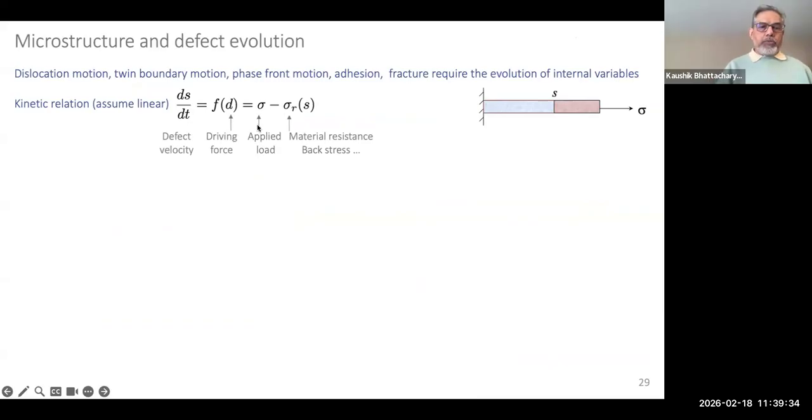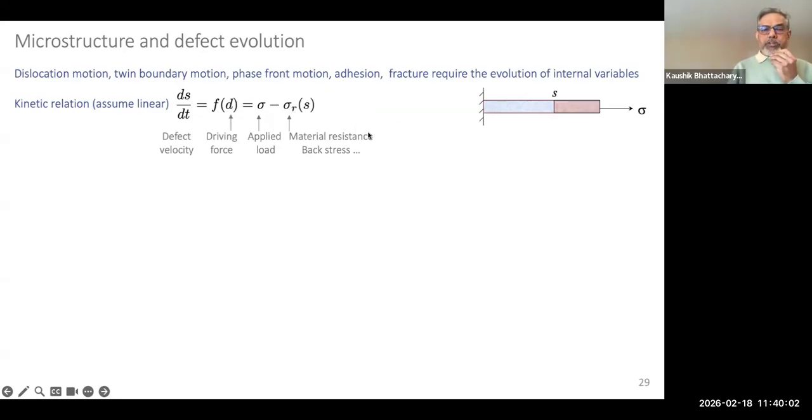And a typical model we would write for this is the following. ds dt is some driving force. And what is a driving force? There's some kind of applied load, and there's some material resistance. You might call it back stress, you might call it whatever, right? So you get this kind of viscous evolution, ds dt equals sigma minus sigma r.